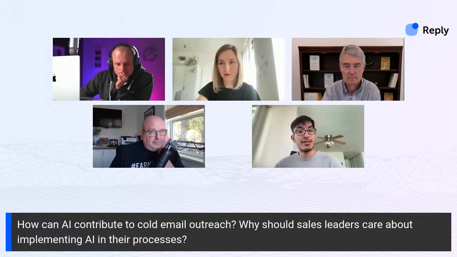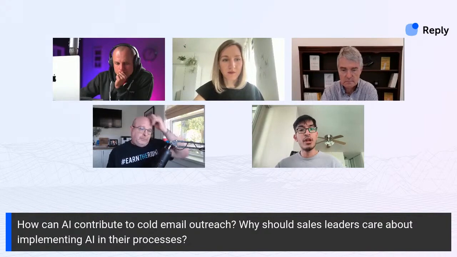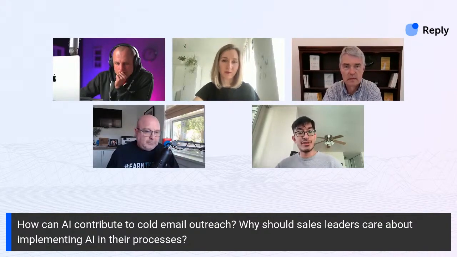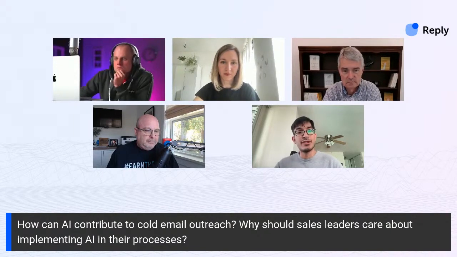AI helps you scale that research, whether that's looking at SEC filings or the lead's company information, maybe they launched something new. A human cannot go through that much information, but AI can show you the information that's important at the right time.